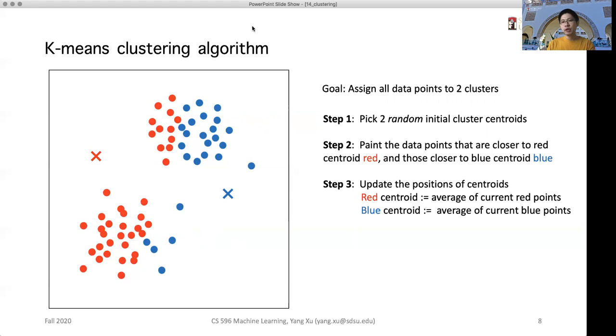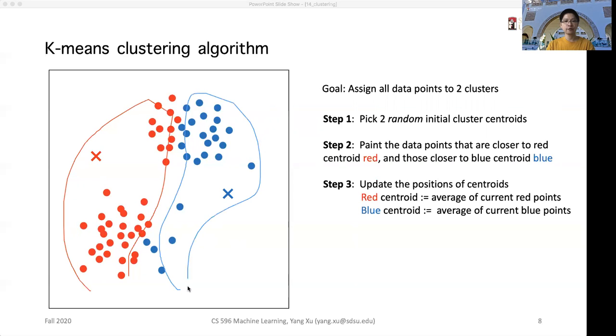In step 3, we will update the positions of the centroids. This time the new red centroid will be the average of all the current red points, right? Because we have painted many data points to be red, and many others, the second half, to be blue. So we can use the average x and y coordinates in this 2D space as the new positions for the new red and blue centroids, right?